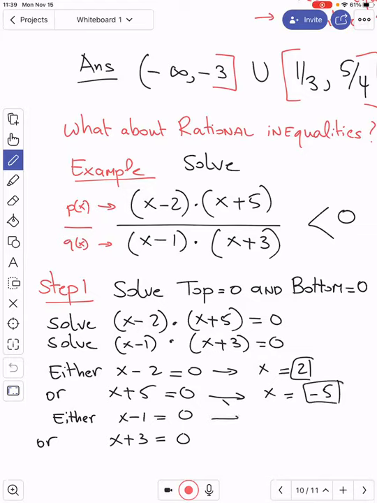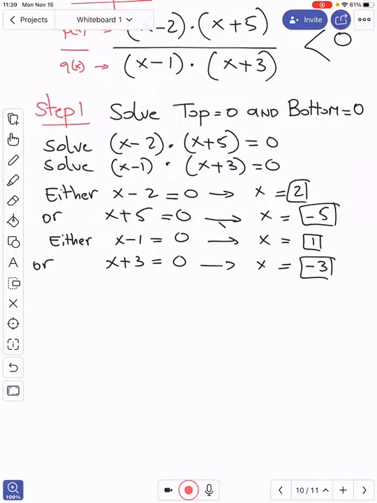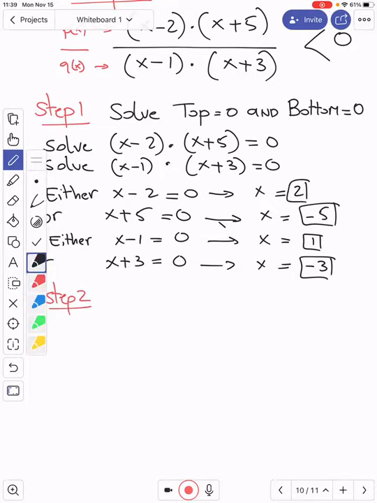As you can see, in this simple rational function we have 4 different solutions: x is positive 1, and x is negative 3. Next step, I'm going to do the same thing. Step number 2, I'm going to make the chart.